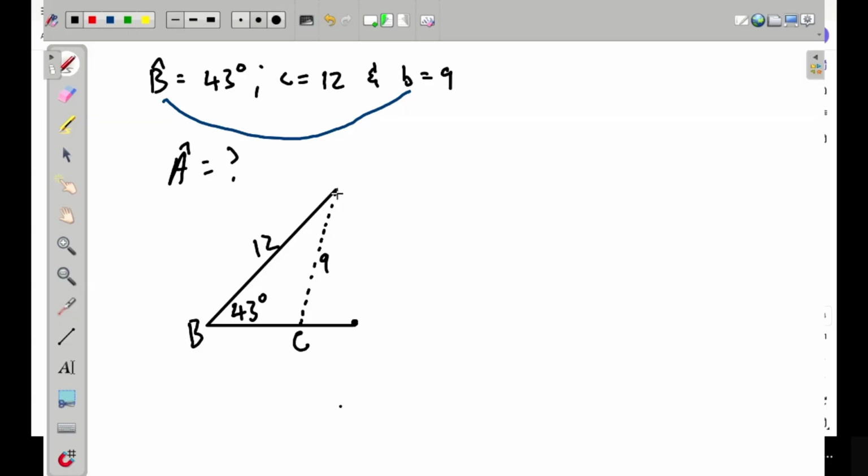But another possibility is that this 9 could be there and I could have point C there. So this is exactly what we are talking about, and I hope you are noting that. So which means then A could be this angle here, or it could be that angle there.